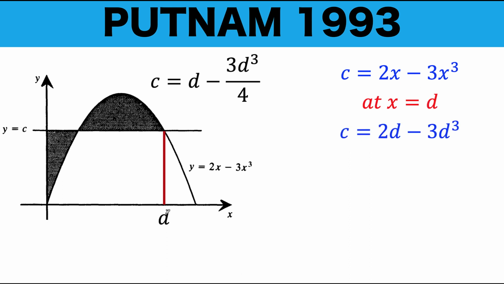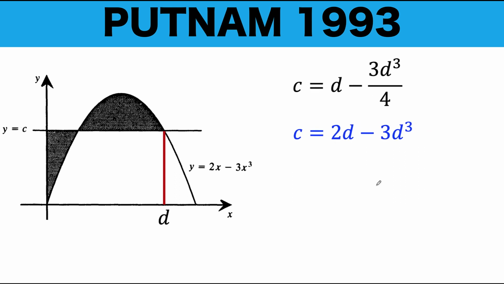That is because we defined d as the x-coordinate of the point of intersection between the curve and the line y equals c. This point has coordinates x equals d and y equals c. So we now have two equations in terms of c, which we can solve simultaneously.